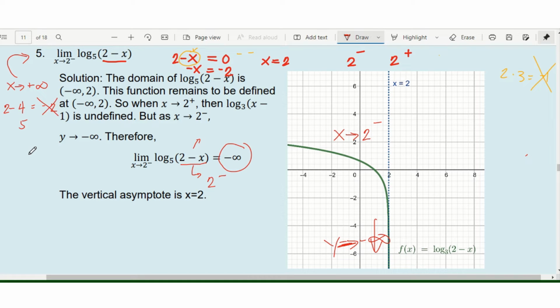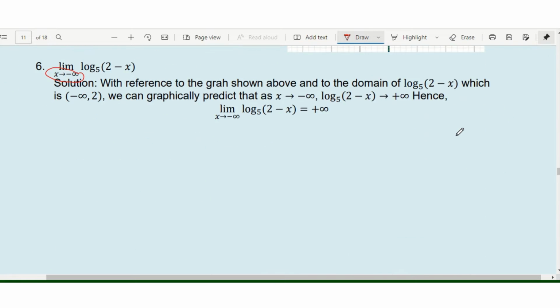There's no logarithm of negative 2. So when you're asked to get the limit as x approaches positive infinity, you can simply say it does not exist. The graph also tells you that there is no graph on the right of 2, meaning to say really the graph does not behave on that part, or there is no behavior on the right side.